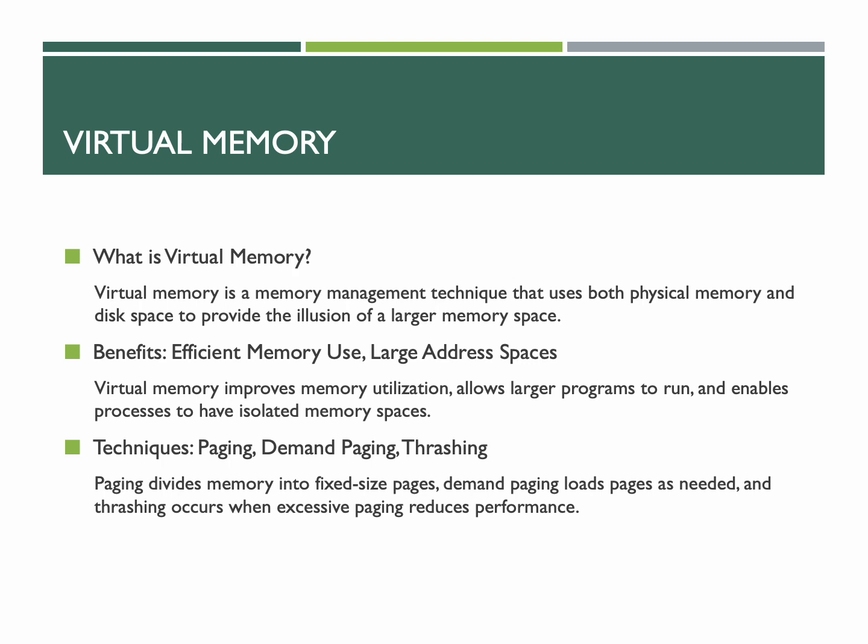Now, what are the techniques used in virtual memory? First, we can use paging, which divides memory into fixed size blocks and maps them between logical and physical memory. Only the currently needed pages of a program are loaded into RAM while the rest remain on disk.